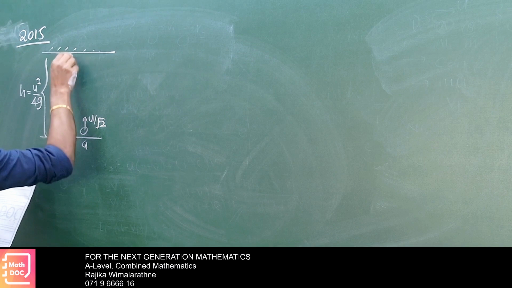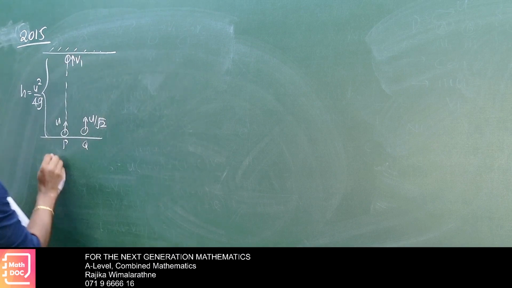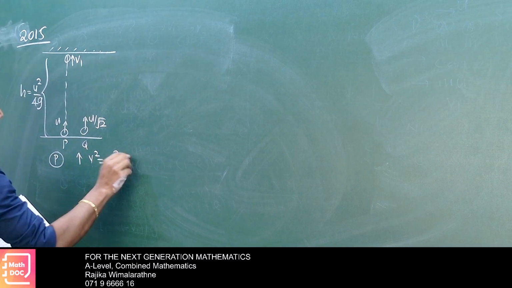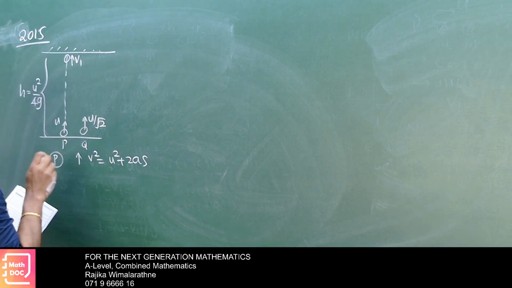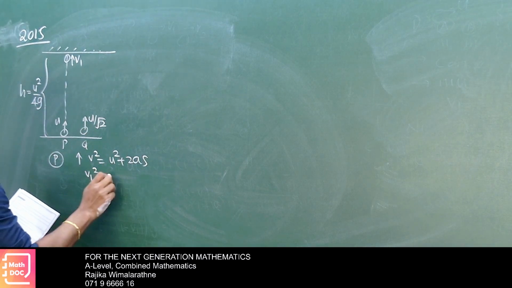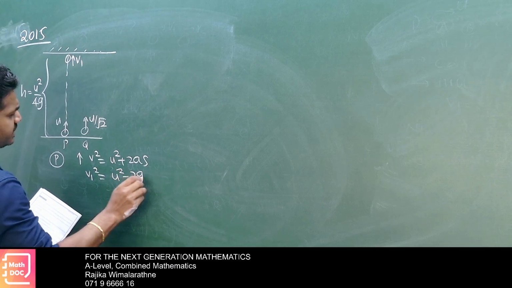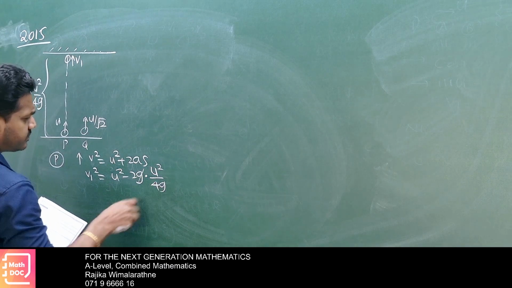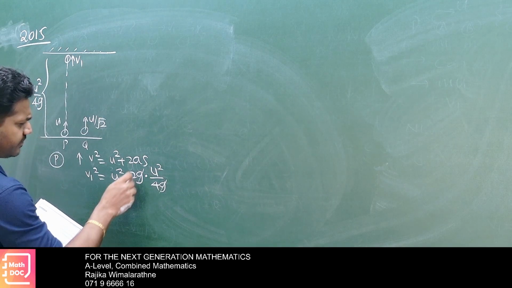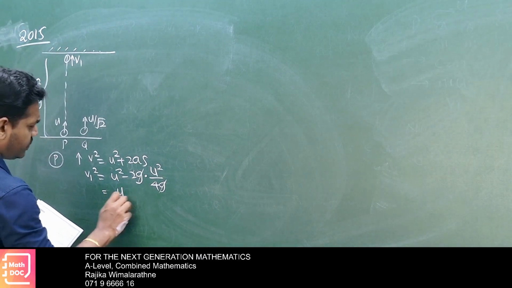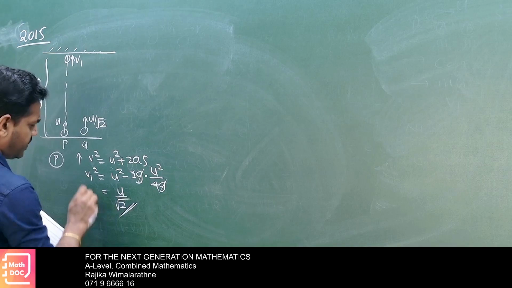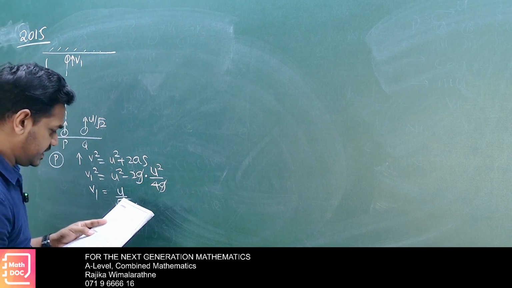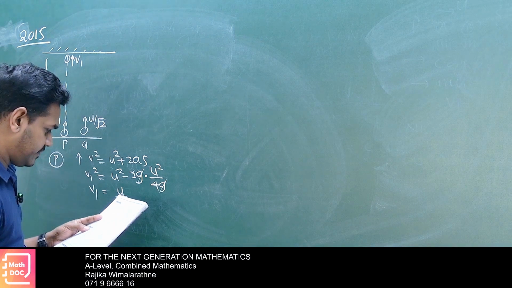Take v1. For particle P, use upward motion, v squared equals u squared plus 2as. Then v1 squared equals u squared minus 2gh. h is given as u squared over 4g. So v1 is u over root 2 just before colliding with the ceiling.